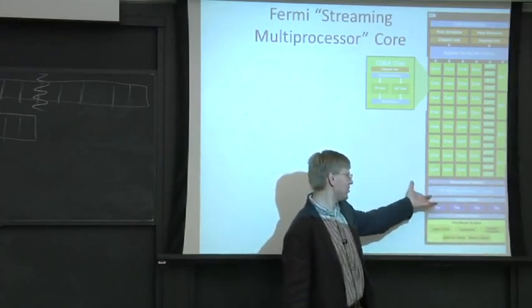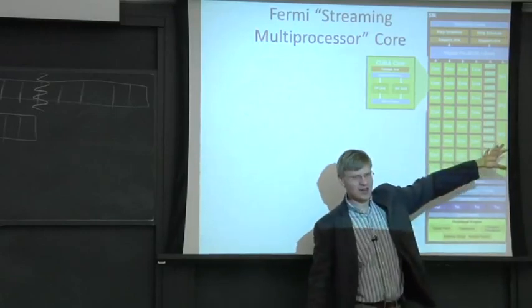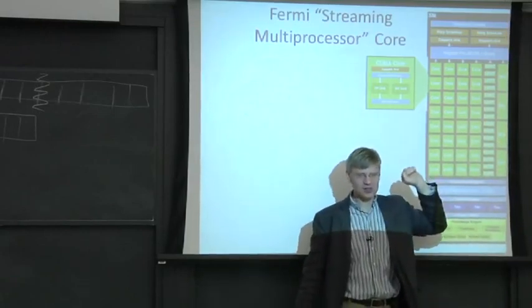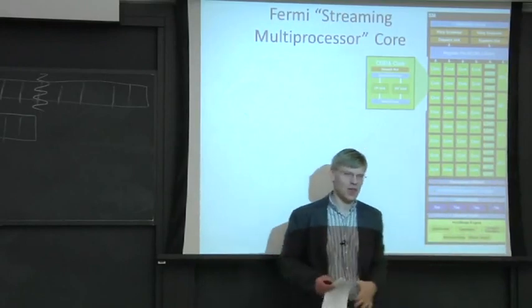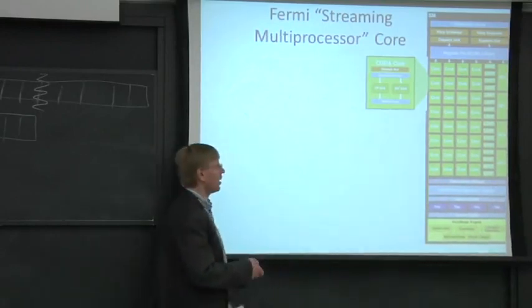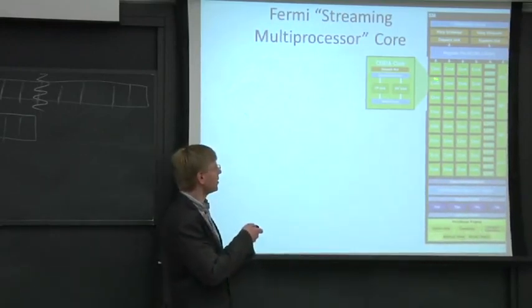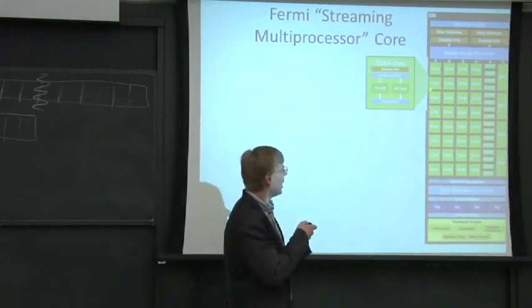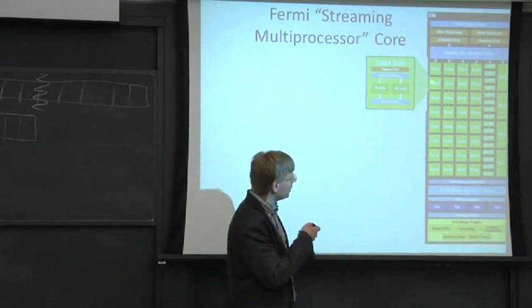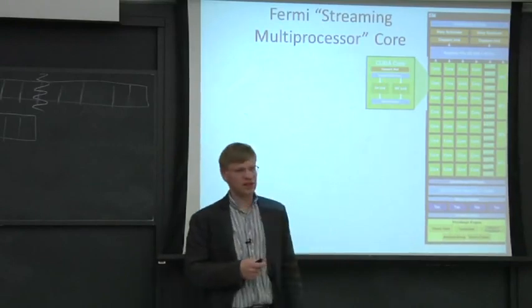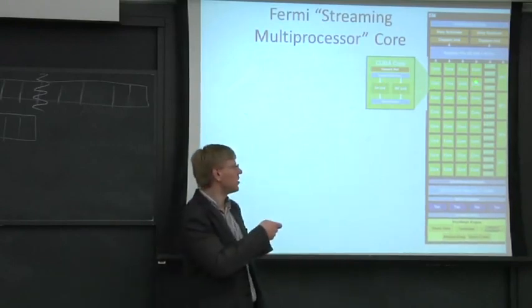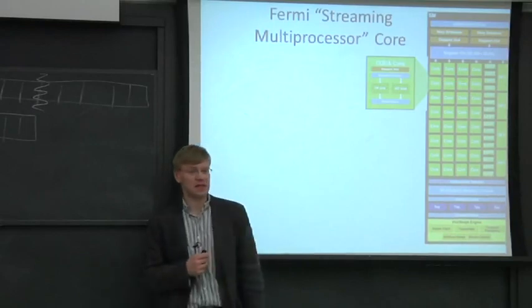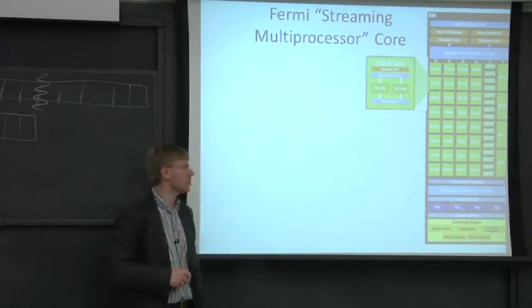And then onto that they smush some array of general purpose, or mildly general purpose, units. Inside each of these cores there's a floating point unit and an integer unit. If you cut this way, each of these, what they call a core, is effectively a lane, so they're replicated in that direction.